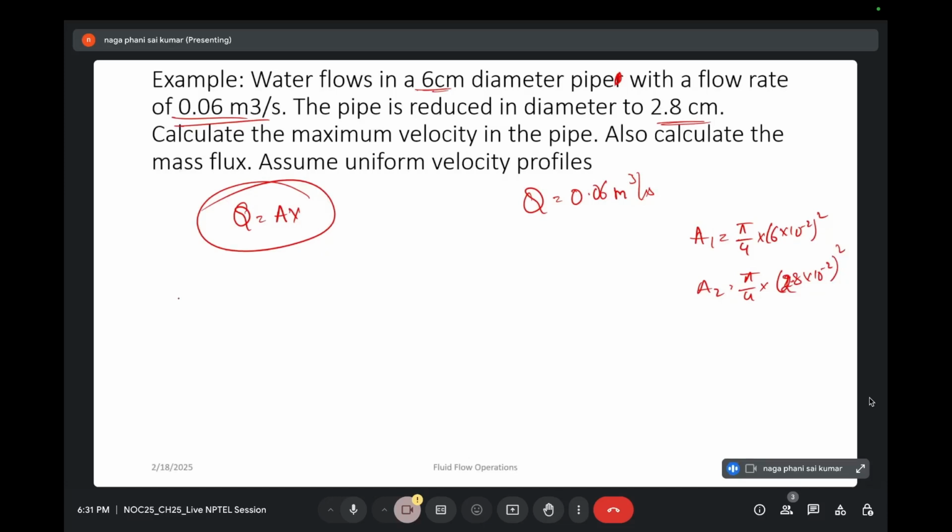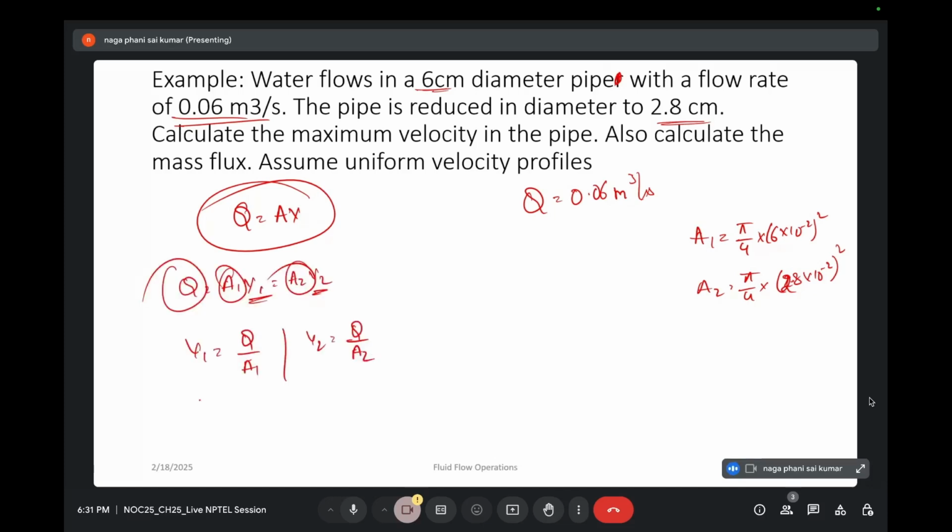We are asked to calculate the average maximum velocities. So how do you do it? Just substitute. Q will be equal to A1 V1, which equals A2 V2. If we know the areas and the volumetric flow rate, we will be able to calculate V1 and V2. V1 will be Q by A1 and V2 will be Q by A2.